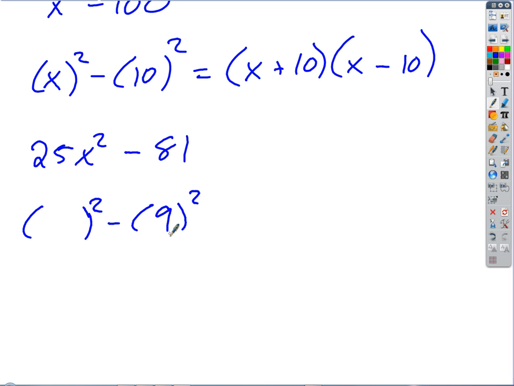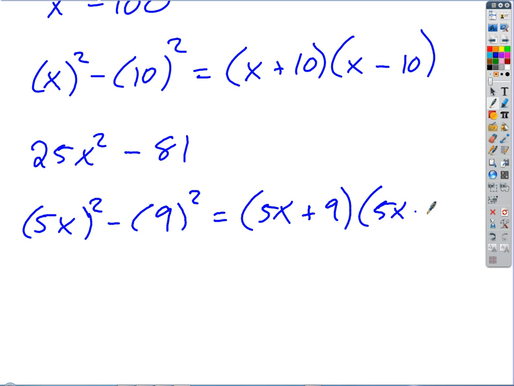There's 2 parts to that, the number and the variable. 5x, because the square root of 25 is 5, and the x is being squared. So the quantity 5x is what's being squared to create 25 times x squared. 5 squared is 25, x squared is x squared. Make sense? So now our a is 5x, our b is 9, and we'll follow the same pattern: a, which is 5x, plus b, which is 9, times a, which is 5x, minus b, which is 9. See how that works?